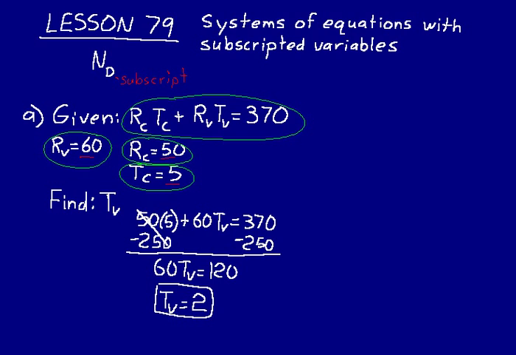So what I'm trying to get at here is that anytime you want to solve a system of equations like that, you have to have the same number of equations as you do unknown values. We had 4 unknown values and 4 equations. That's why we were able to solve it. If we were only given 3 equations with those 4 unknowns, we could not have solved for TV, or for any of the unknowns.